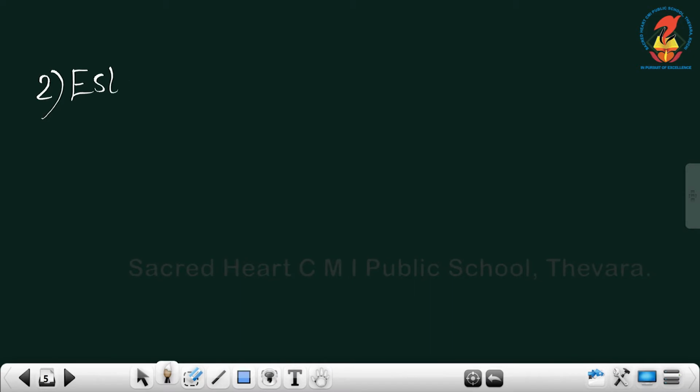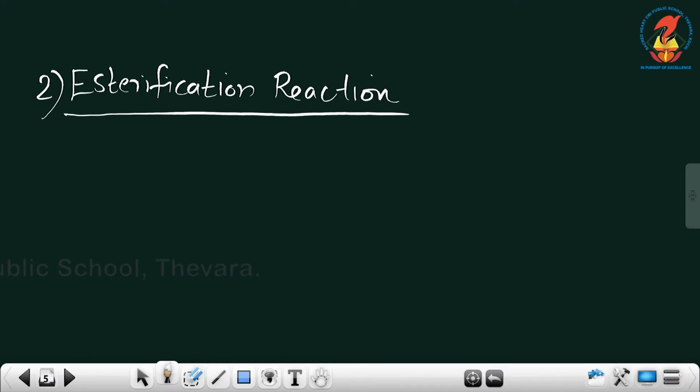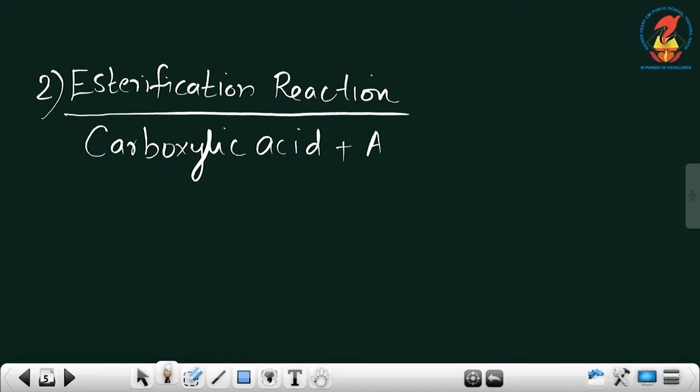Next, a new and very important reaction known as esterification reaction. Carboxylic acids, not only ethanoic acid, carboxylic acids react with alcohols to form esters.